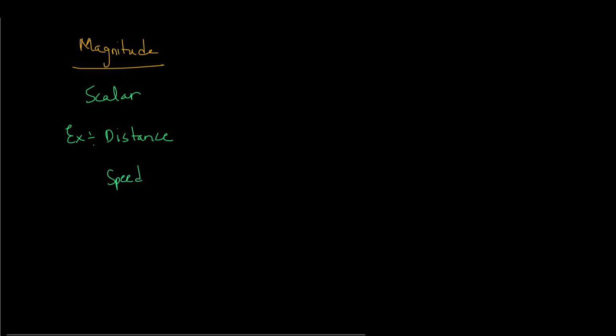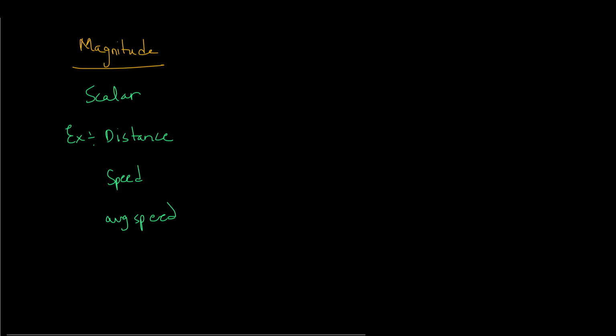Wherever I specify only magnitude, it is a scalar quantity. Examples of scalar, as we saw, are distance, speed and average speed. All these are examples of scalar quantity.